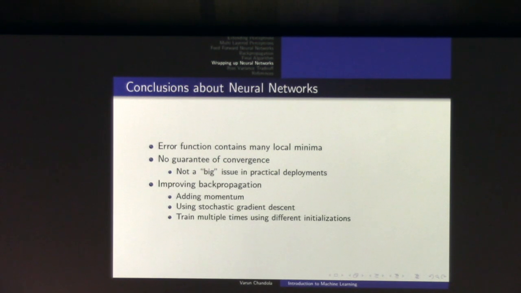Right. So another point about gradient descent, also about backpropagation, is that this error function is pretty complex. There are no guarantees that it is a convex function, which means that it might run into local minima issues. It's a weird shape, so there are no real guarantees of convergence.